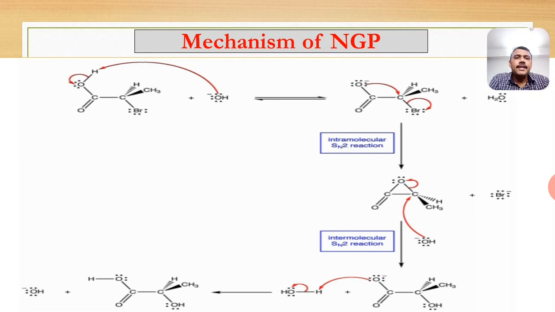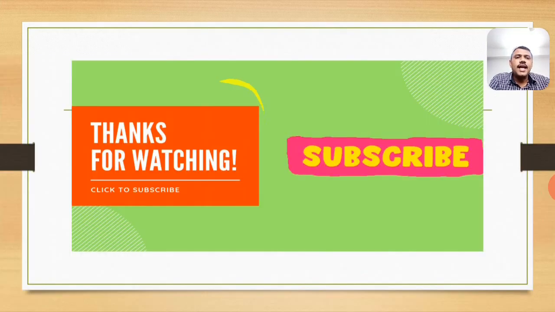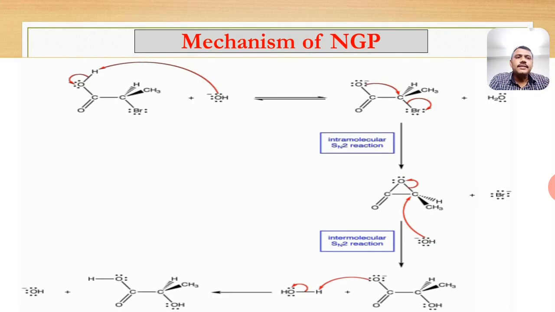Here the hydroxyl ion withdraws the hydrogen and the oxygen carries a negative charge. Also the oxygen has a lone pair of electrons. In this step the oxygen gives electrons to the neighboring carbon atom, and bromine is the leaving group.